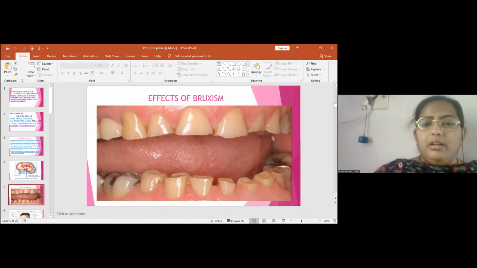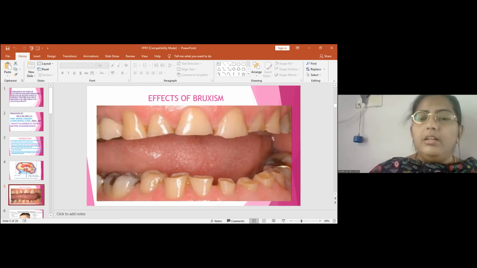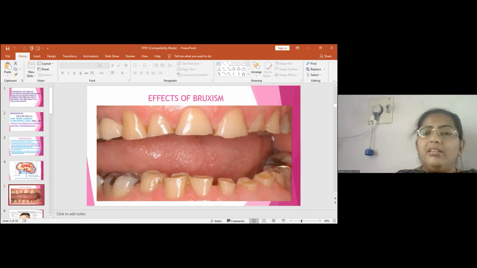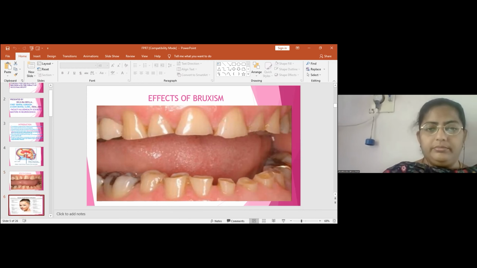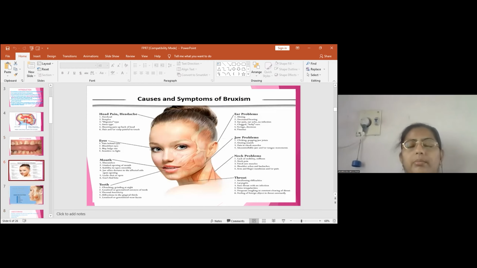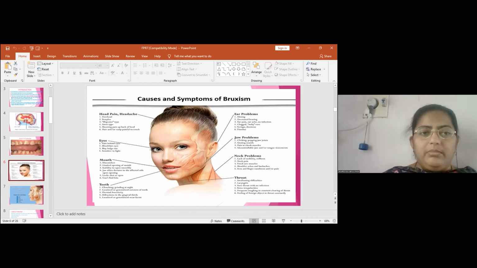Bruxism has such a hazardous effect on our teeth, which results in hypersensitivity, masticatory difficulties, and occlusion or bite difficulties. The most frequent symptoms of bruxism include head pain or headache.